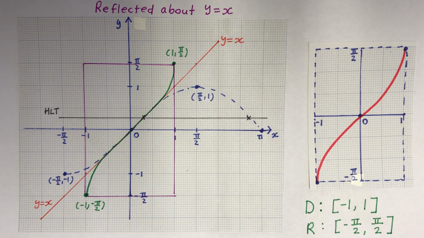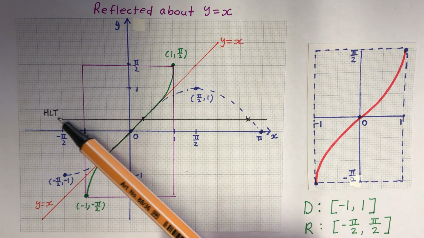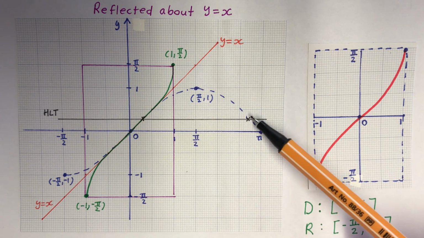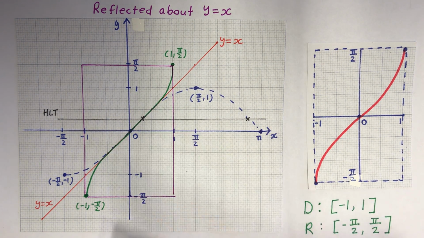For that function to have an inverse function, we need to do the horizontal line test. If they fail, that means they don't have an inverse function. For example, sine is a function because it satisfies the vertical line test, but if we draw the horizontal line test, it miserably fails, because it goes more than once.